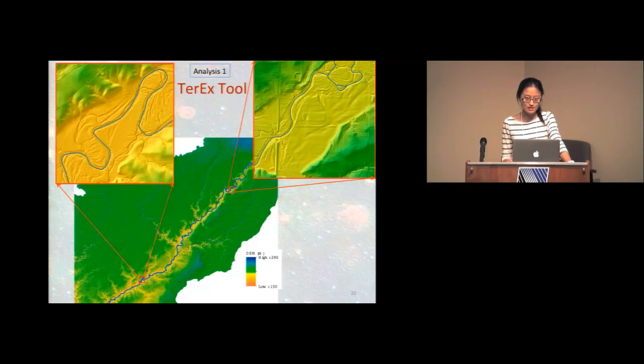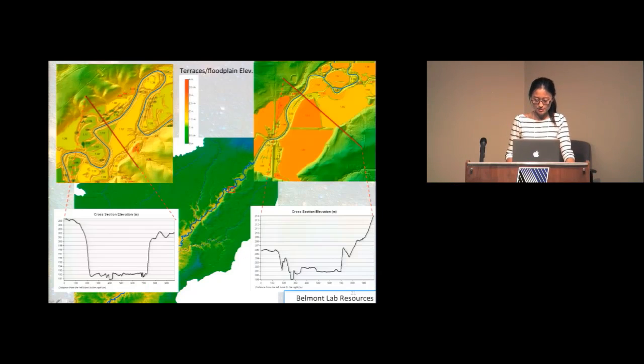So this is the bare ground LiDAR without doing anything on it. The green line is the stream channel. You can see this is the valley area. So I picked 2 areas as examples. And now after running the T2 tool, it will first of all capture the relatively flat areas, each shown as a polygon. And the number on it means the relative elevation to the closest stream channel.